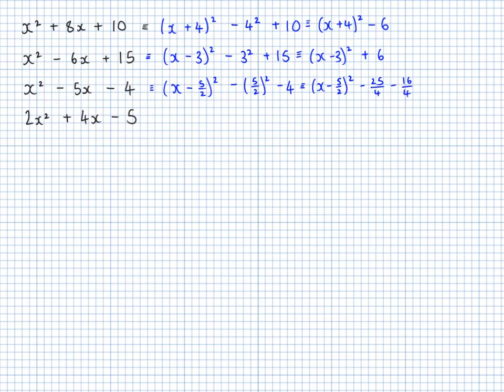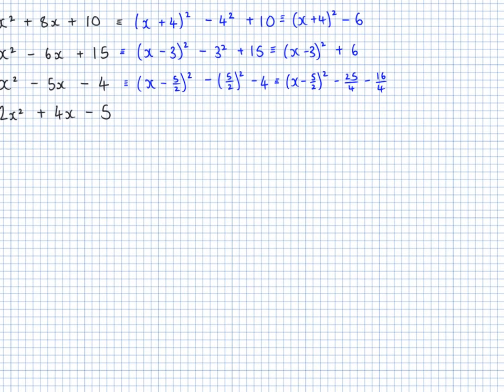Okay, just check 16 over 4, 16 divided by 4 is 4. Okay, and then this can now simplify. So if I've got negative 25 over 4, take away 16 over 4, that will give me negative 41 over 4. So if I now rewrite this again here, I will get x take away 5 over 2 squared, take away 41 over 4.